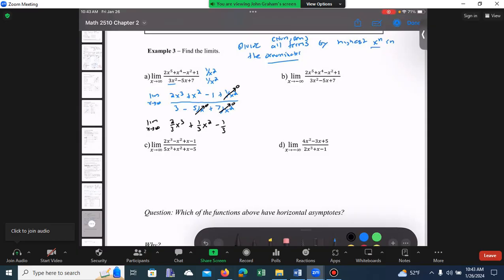At this point we have to look at each of these terms to see what happens. So x cubed is going to go to infinity as x goes to infinity. X squared is going to go to infinity as well. And the minus 1/3 is just going to slow it down a little bit, but barely any. This whole function is going to infinity.